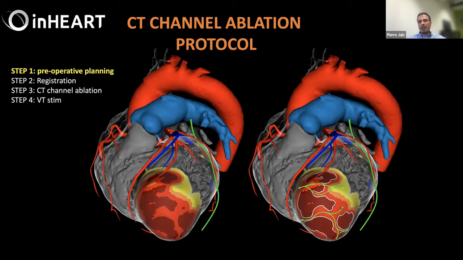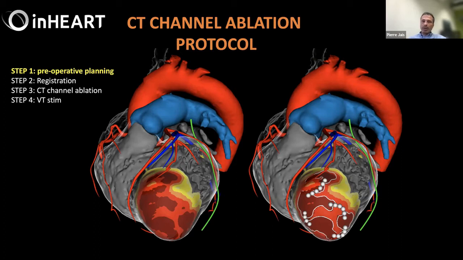And this is in the 2, 3, 4 millimeters range, where we draw these green arrows, as you can see here. So these are what we call CT channels. And then our strategy in Bordeaux is that we don't map with any diagnostic catheter. We no longer use multi-electrode catheters.